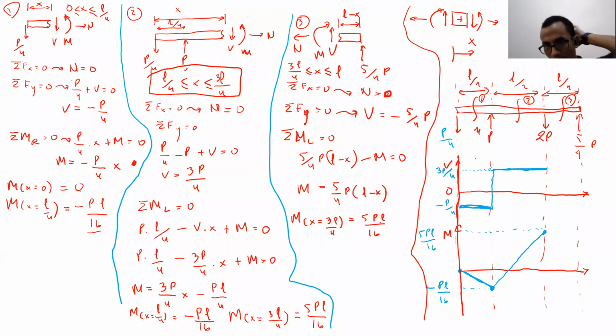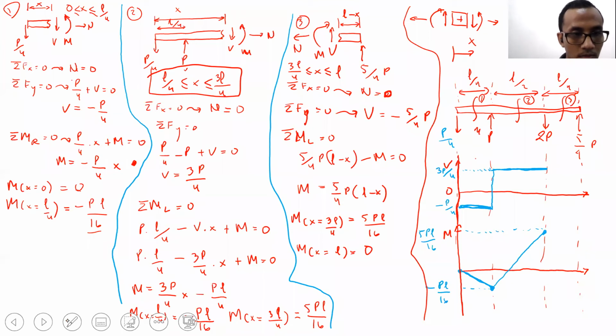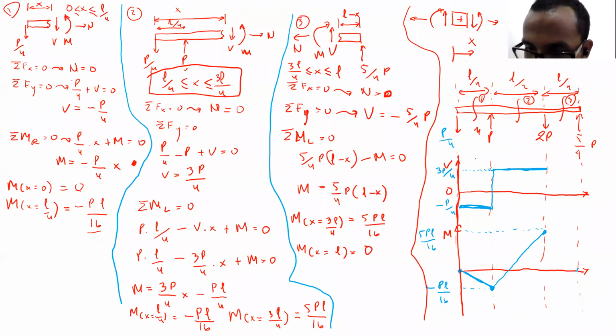Then the value at X equal to L is 0. Correct. 5PL over 16 is already there. So the moment is actually easier to draw here because we just need to connect it to 0.